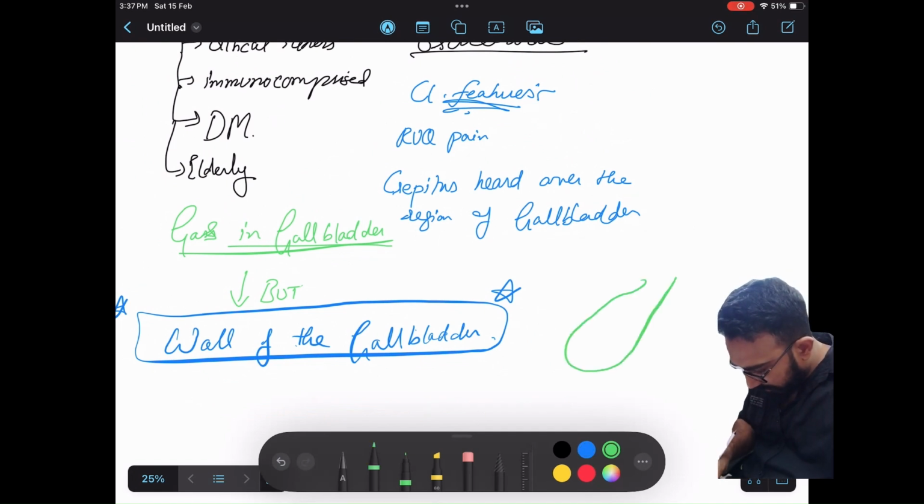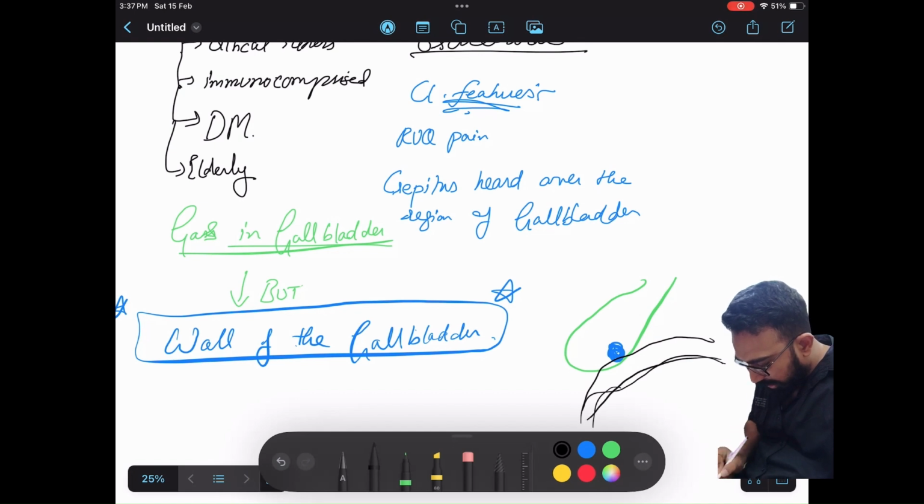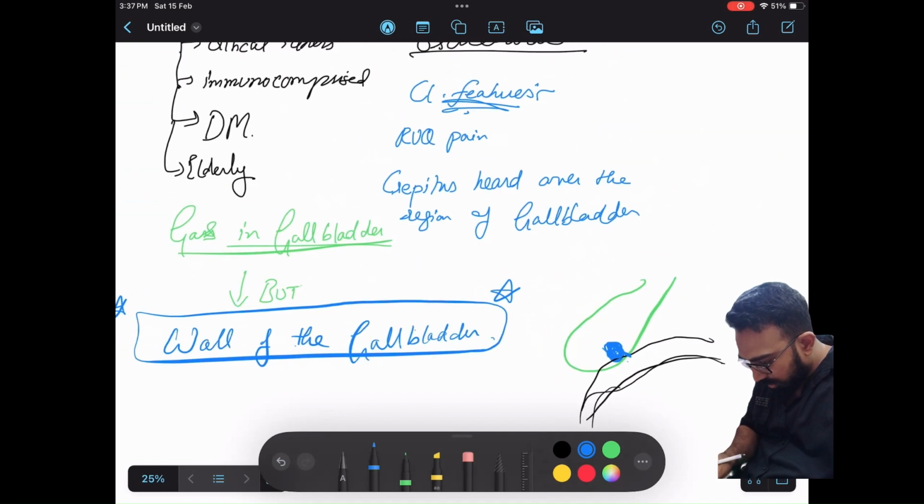What is that? If this is the gallbladder, this is the stone in the gallbladder, and over here are your intestines running like this, the stone is continuously irritating the wall.